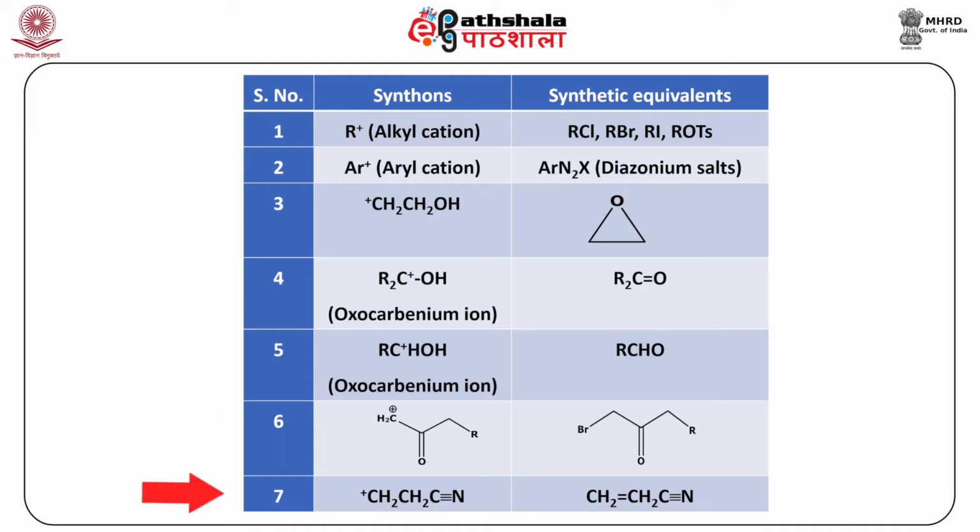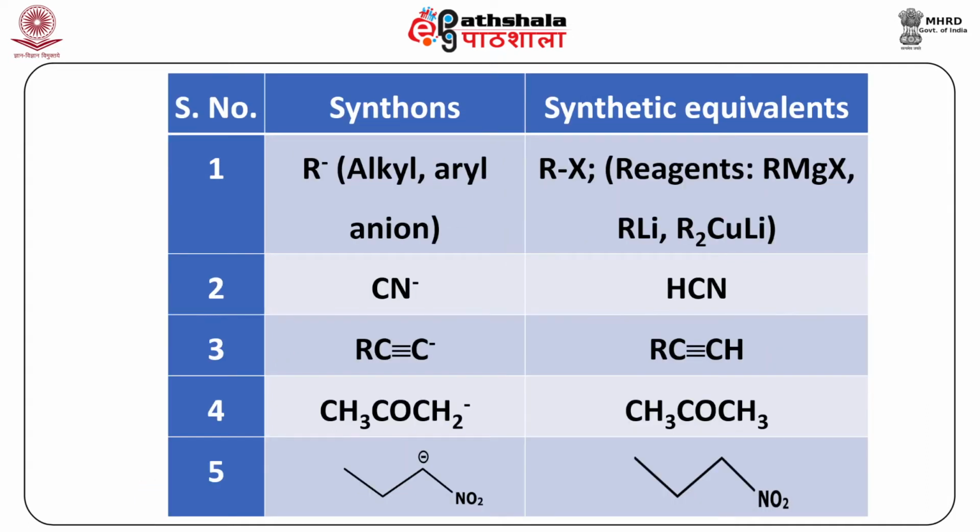Then looking at the next case where you have nitrile, and with respect to the nitrile at the beta position you have positive charge on the carbon, then putting a double bond here in the conjugated position to the nitrile, because of the mesomeric shifting there will be a positive charge coming at this required position. So, you have to keep in mind which synthetic equivalent you have to take, so that you get the corresponding positive or negative charge at that very particular carbon.